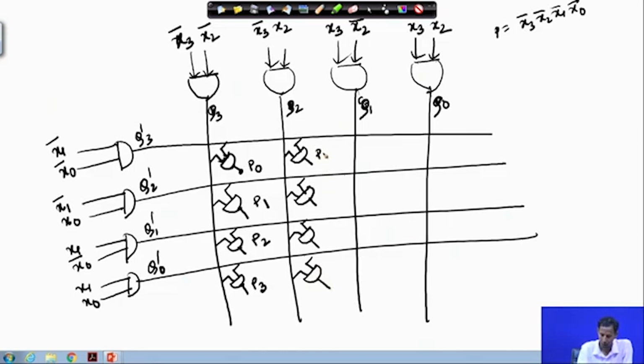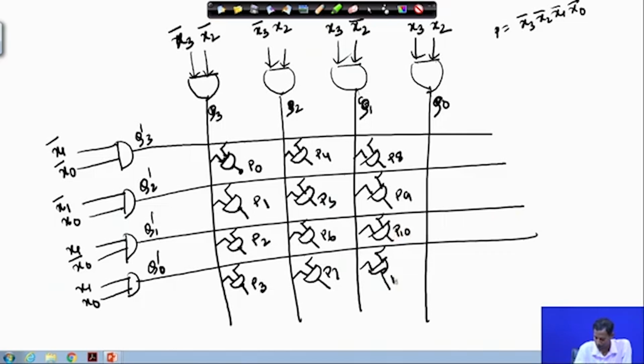So, this is for P4, this is P5, this is P6, this is P7 and this is for the other case, this is for P8, P9, P10, P11, then this is for P12, this is for P13, this is for P14 and this is for P15.